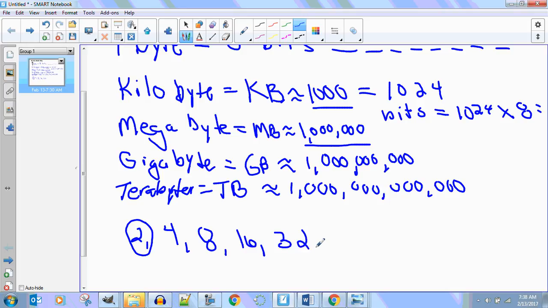Keep multiplying by 2. What do you get? 128, 256, 512, and 1024.